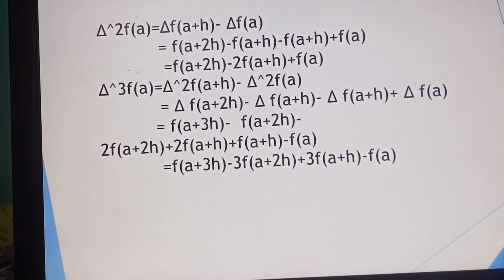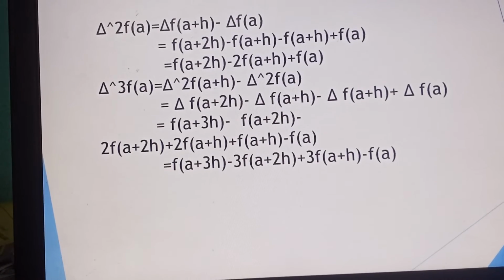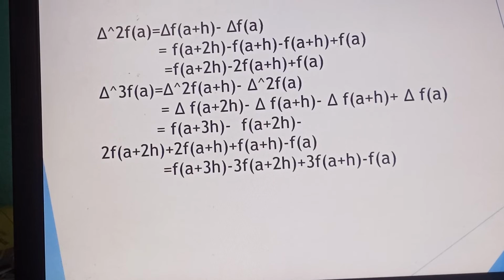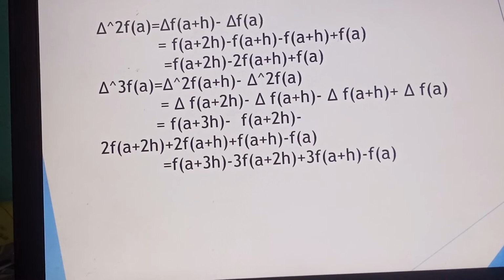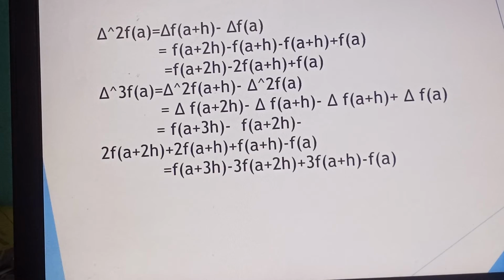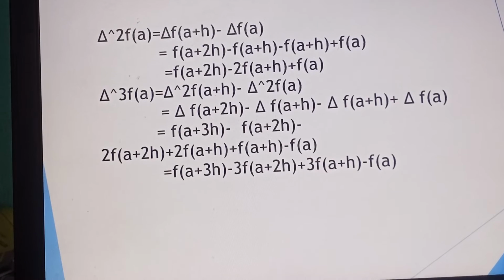We can also define delta cube f of a, that is delta cube f of a equal to delta square f of a plus h minus delta square f of a. Then we put the values of delta square f of a plus h and delta square f of a.